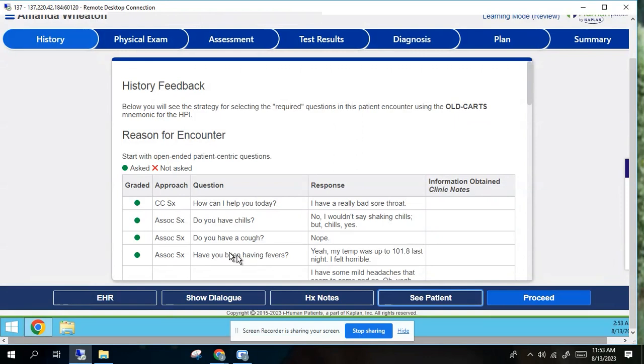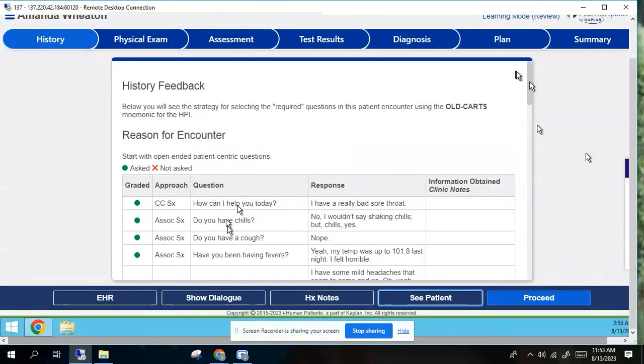Then, have you been having fevers? Yes, you have to ask that, because the patient might have stated it, but maybe it was just a one-time thing. But now, if you ask if she's been having fevers, you need to know if it has been ongoing for long, or it was just a one-time incident.